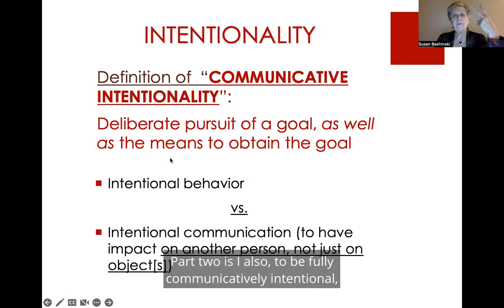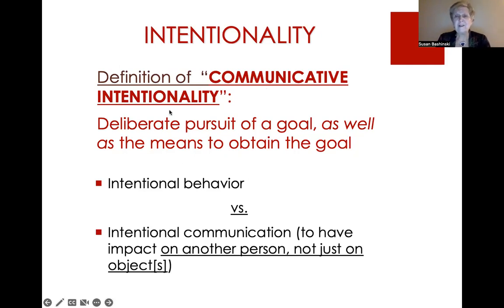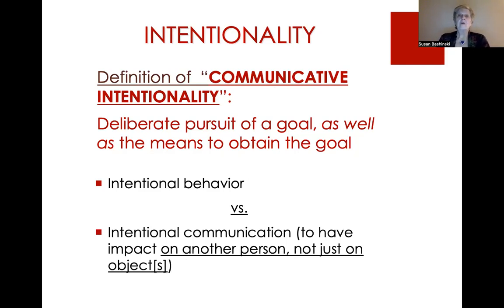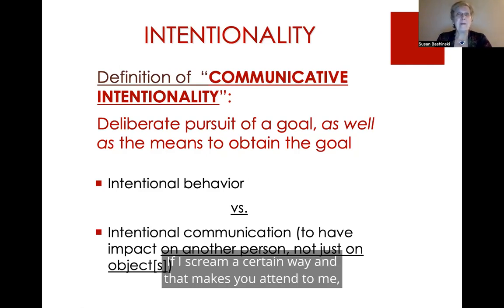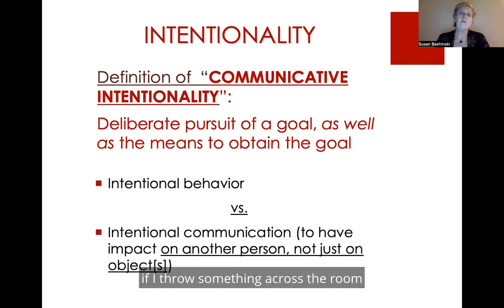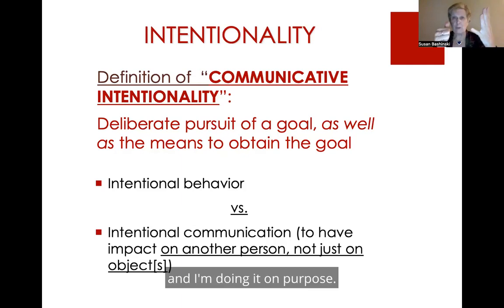Part 2 is I also, to be fully communicatively intentional, I have to be aware of some means to achieve that goal. If I scream a certain way and that makes you attend to me, if I hit you and that makes you attend to me, if I throw something across the room and that makes you attend to me, and I'm doing it on purpose, all right. And those two words are very important. And I'm doing it on purpose. 6 very important words.